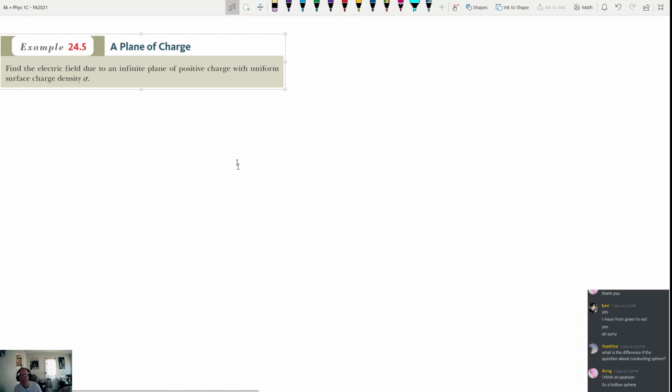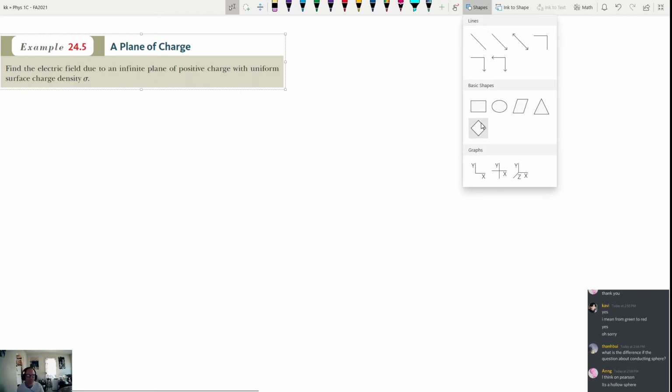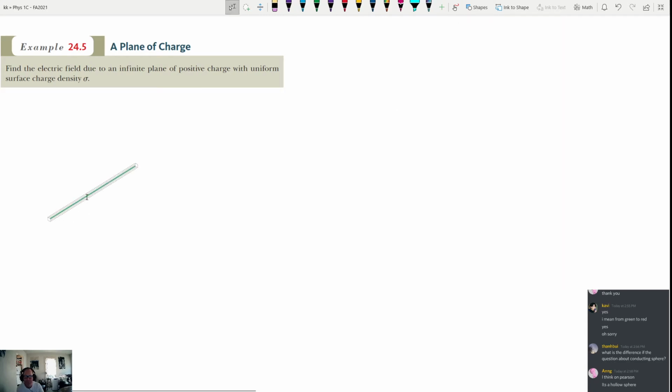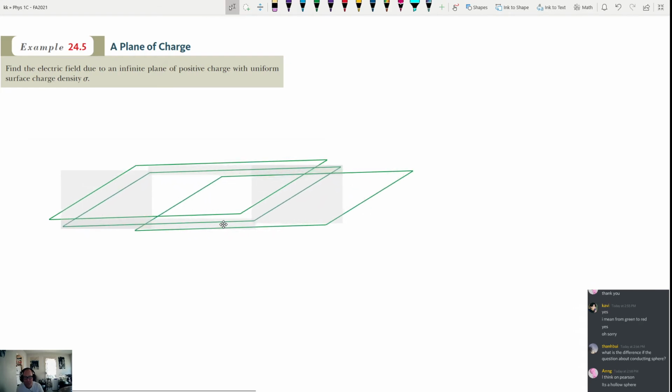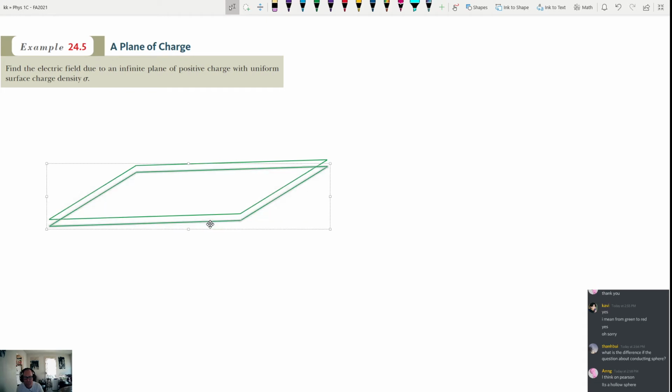All right. We want to find the electric field due to an infinite plane of positive charge with a uniform surface charge density sigma. All right, so we want to draw a sheet. And I'm going to draw it kind of sideways. So you're going to have to imagine that this is three-dimensional. So we have a sheet, and it contains charges.